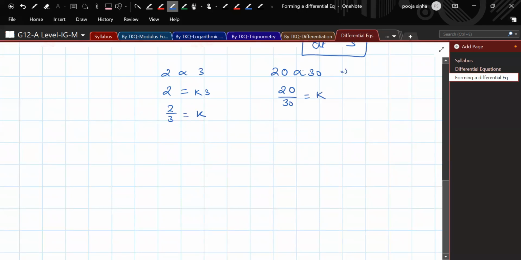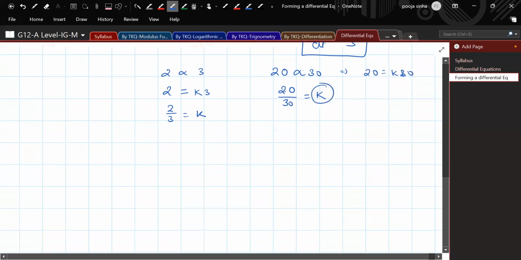If I remove this sign, it becomes 20 is equal to k times 30, right? So that proportionality, now 2 upon 3, 20 upon 30, 200 upon 300, they all have the same constant, which is k, isn't it?